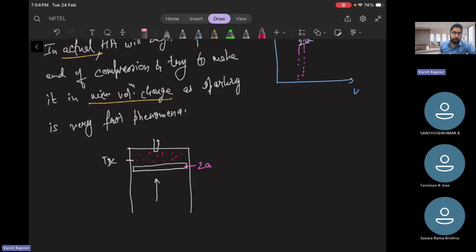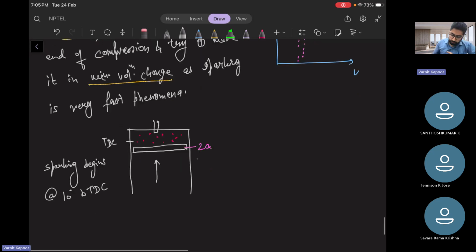So sparking is happening 10 degrees before the top dead center, 10 degrees of the crank rotation. Sparking begins at 10 degrees before top dead center. B is before top dead center.